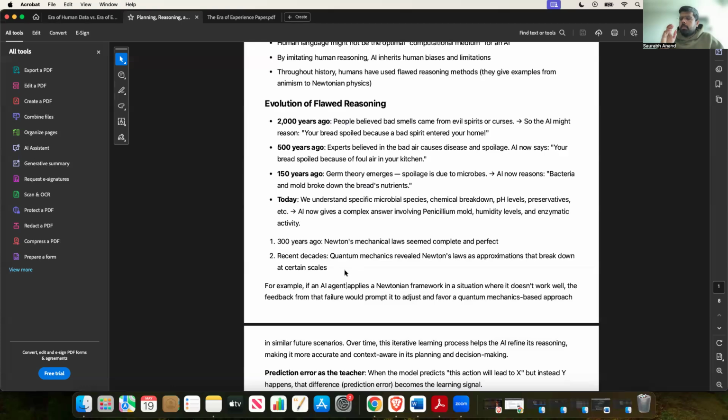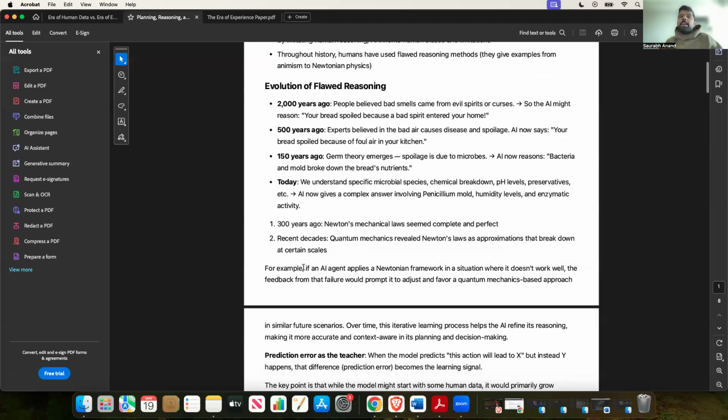But with reinforcement learning, or learning through experience, if you tell the model that this response was wrong, it will automatically use quantum mechanics to answer your question. If an AI applies a Newtonian framework where it doesn't work well, the feedback from the failure would prompt it to adjust and favor a quantum-based approach. Over time, this iterative learning process helps the AI refine its reasoning and make it more accurate and context aware.